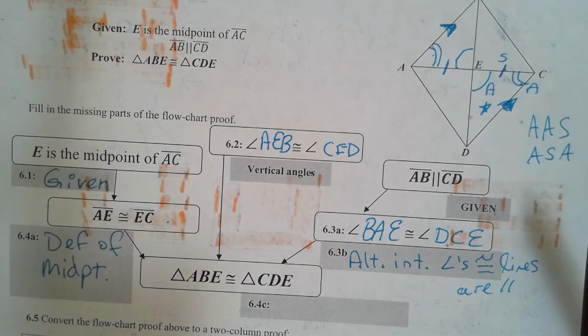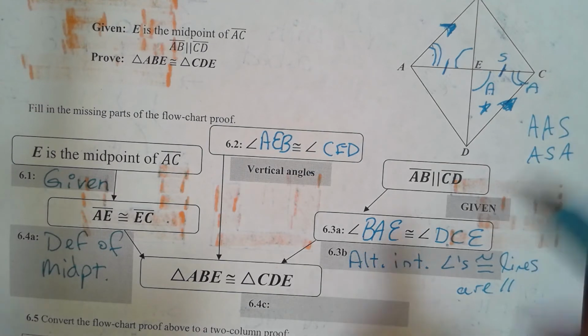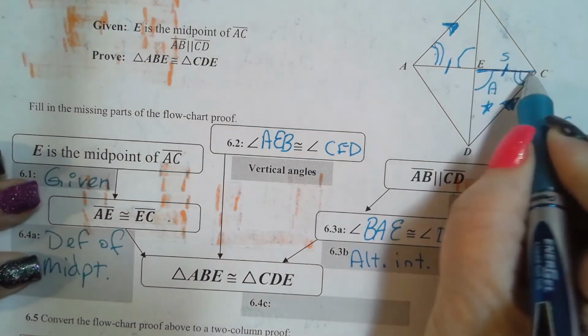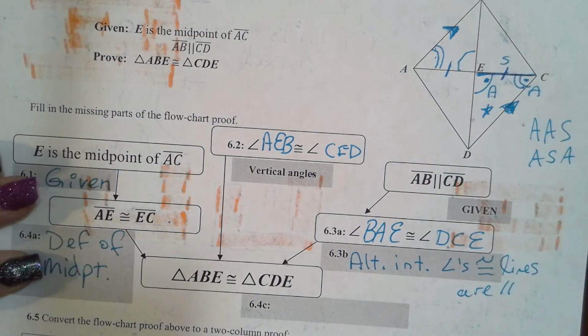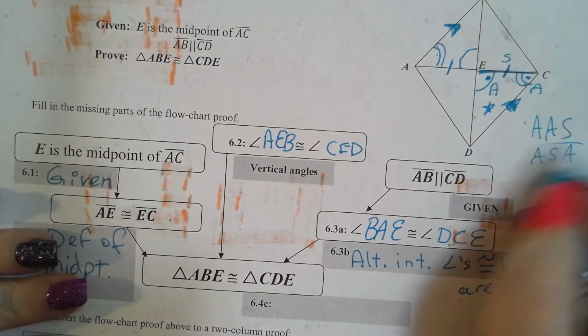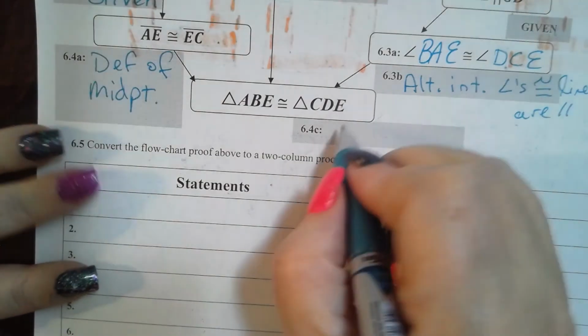Is it the one where the two angles touch the side, or does the side only touch one of the angles? But when I look here, this side comes into contact with both of those symbols. So it has to be angle, side, angle.